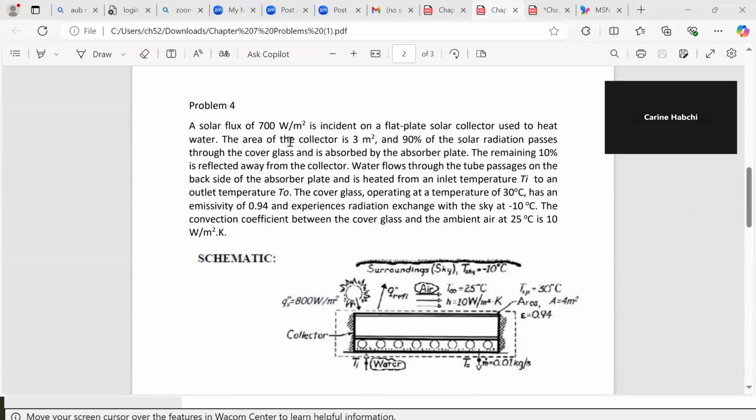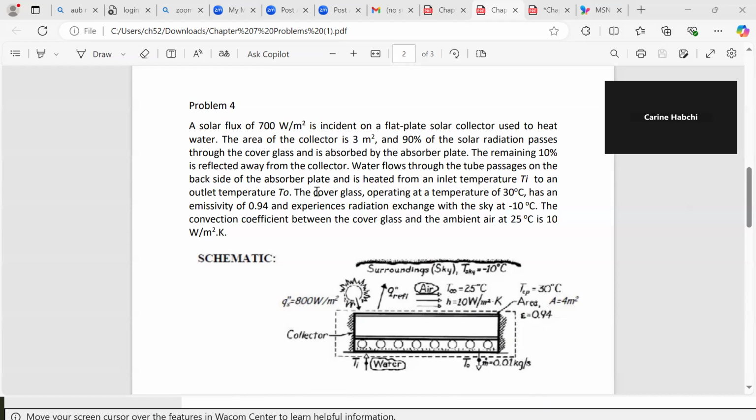The area of the collector is 3 meters square, and 90% of the solar radiation passes through the cover glass and is absorbed by the absorber plate. The remaining 10% is reflected away from the collector, and water flows through the tube passages on the back side of the absorber plate and is heated from an inlet temperature T in to an outlet temperature T out.